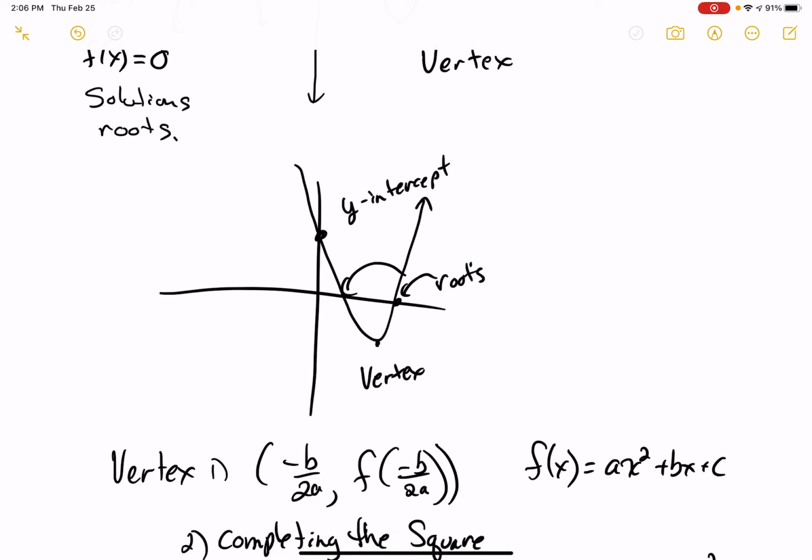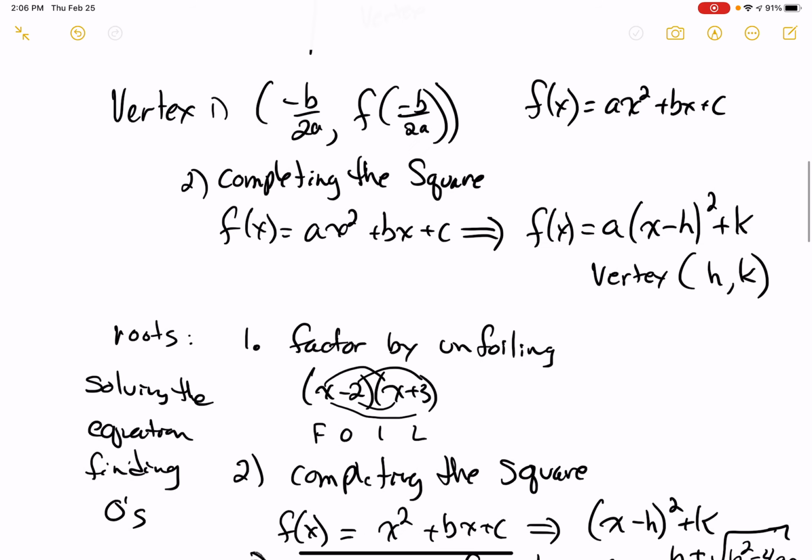Okay? To find the vertex, we have 2 different ways in which we can make that happen. The first way is by using the vertex formula, which is going to be minus b over 2a. And that b and that a come from my quadratic equation.